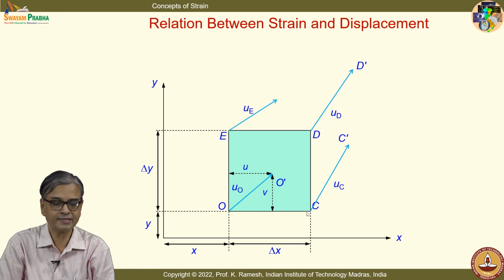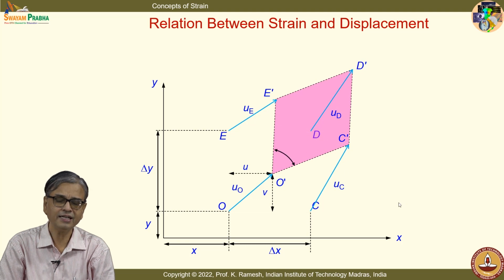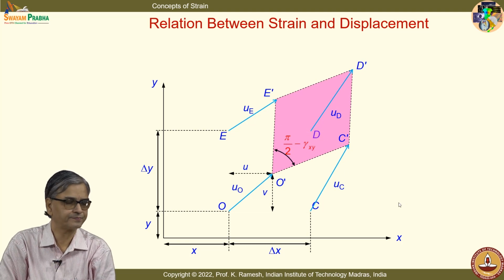Similarly, point C has moved to C prime, point D to D prime, point E to E prime, and I can have individual displacement vectors UO, UC, UD, UE, and so on. When I join these, I get, in general, some distorted shape.